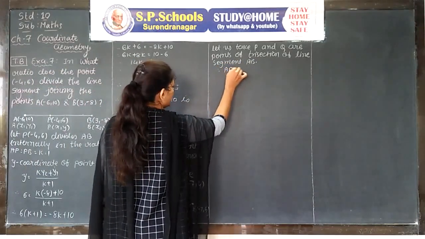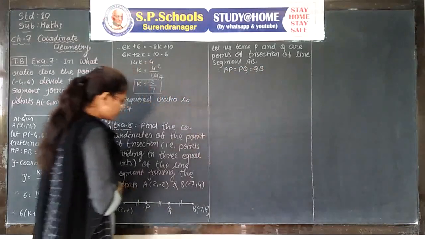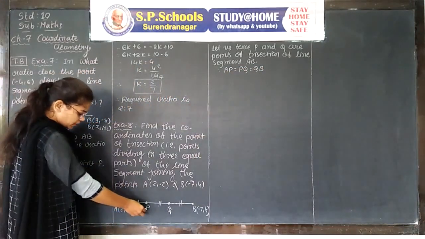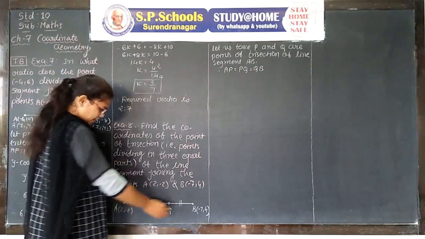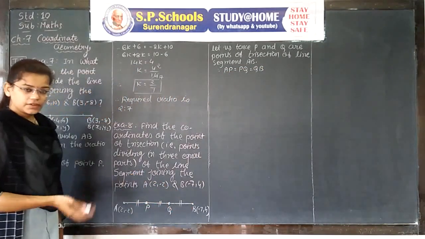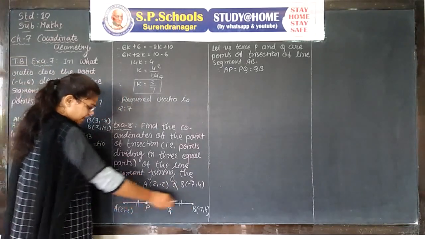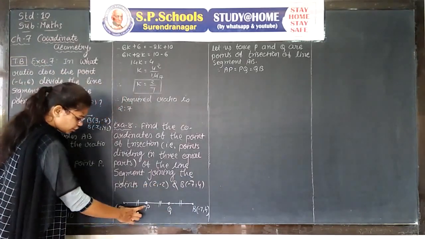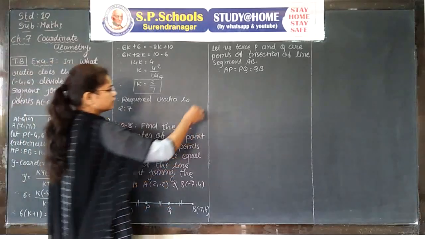Therefore, AP equals PQ equals QB. That's why the point P divides line segment AB, and point Q also divides line segment AB, but in different ratios. First of all, we take point P dividing AB internally in the ratio 1 : 2 because the 3 parts are equal.